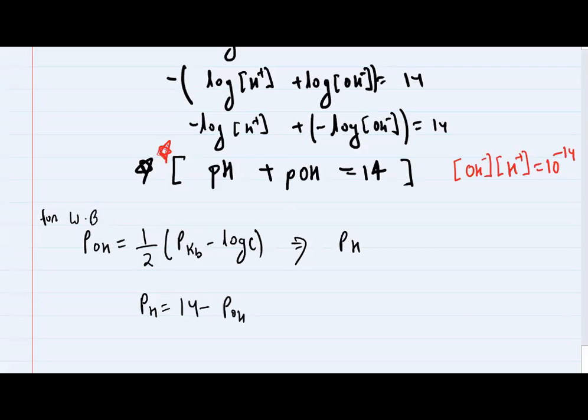So sometimes when it is asked to find pH but we have pOH, then you just have to use this formula. Now, in some questions, you're asked to find pH, but OH minus concentration is given. So how to find H plus concentration? H plus concentration is nothing but 10 to the power minus 14 divided by concentration of OH minus. Got it, everyone?